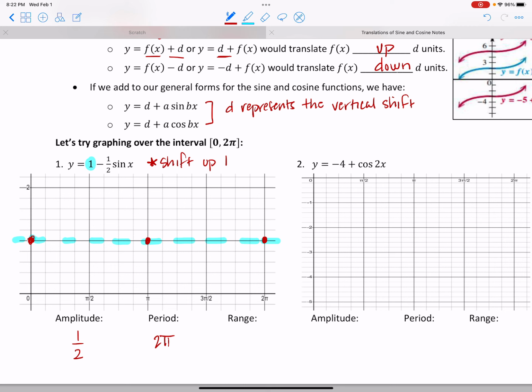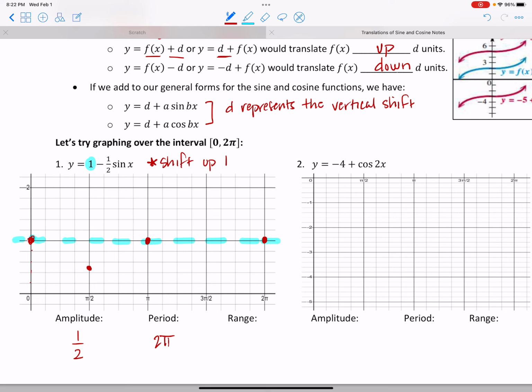And then in between those, normally we'd say max and min, and that's still true, but it's not going to exactly be a half because we've shifted. So I want the amplitude to be a half. So when I go, remember, down from my starting point, I'm going to go down to a half of a unit. So this is 1, 2, 3, 4, 5. I'm going to go right in the middle there. So this is going to be down 1/2 from my midline.